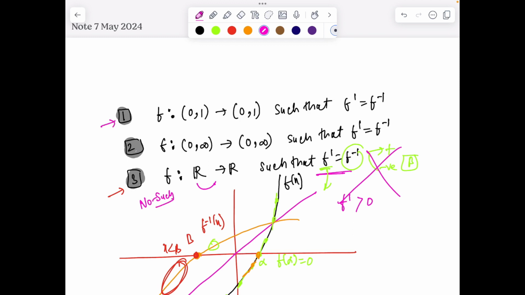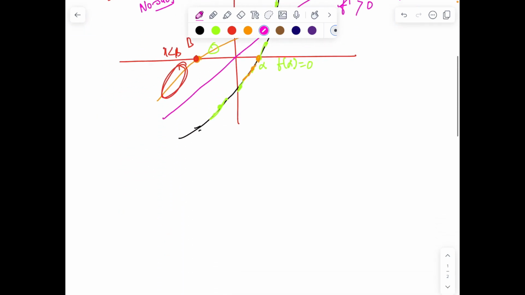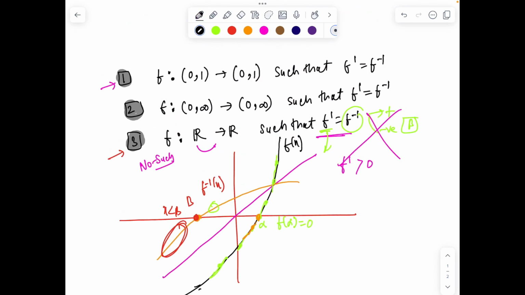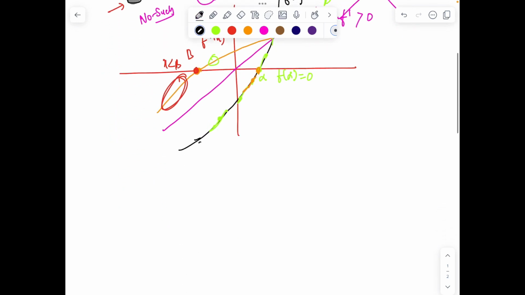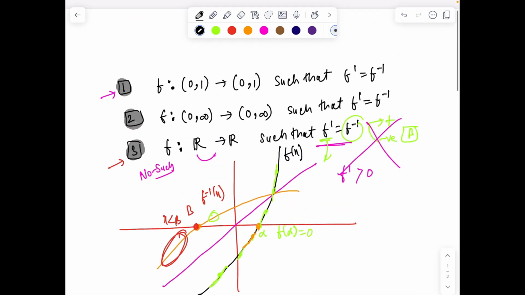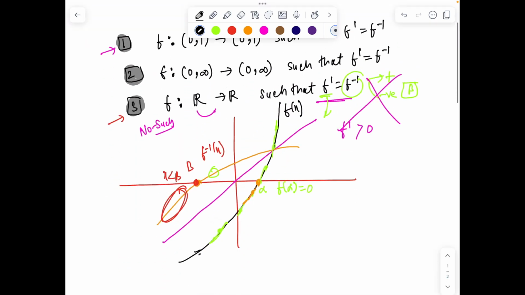Let's try the first case now, before we go and attack the second case. So again, suppose such a function exists, that is f dash equals f inverse for the first case. We can clearly see f inverse assumes only positive values because the codomain is [0,1].